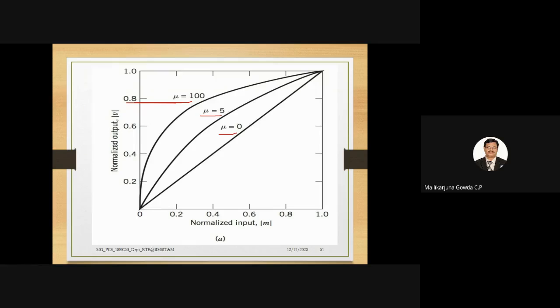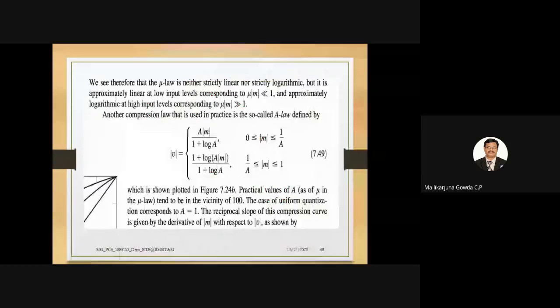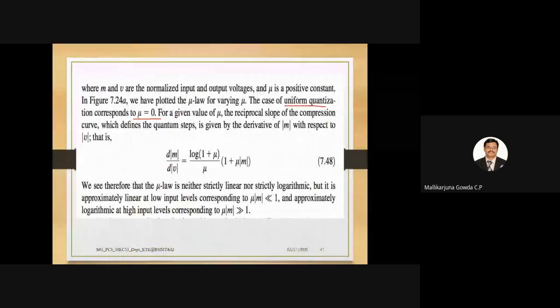This indicates that there is a non-uniform spacing of representation levels. So I was talking about this. This is the expression for V for mu law. It is a logarithmic scale that we need to understand.